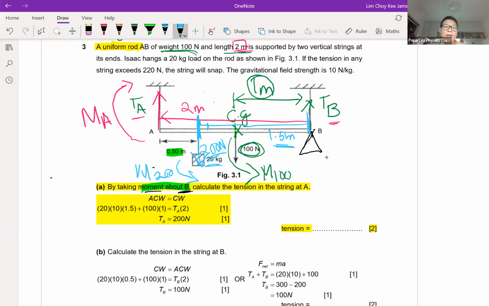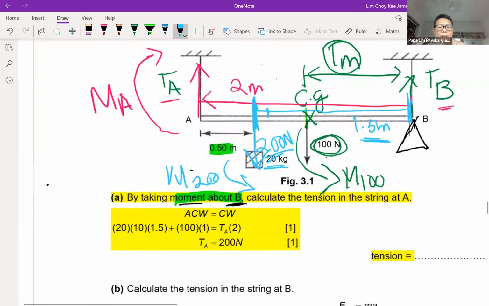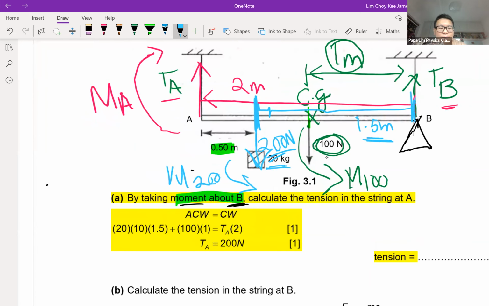If you look at part A, the principle of moments, you will find that for anti-clockwise there are 2 moments. The first one is the 20 kg. Remember, you must convert the 20 kg to Newton by multiplying by the gravitational field strength, so it will be 200 Newton here. This is M200.